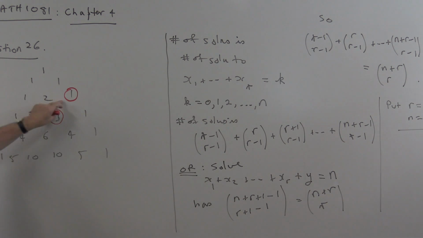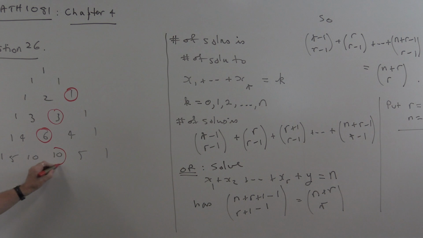So I go 0, 1, 2, 0, 1, 2, 0, 1, 2, and I may as well stop at that point. And now it says that's the same as if I go to the 5th row, but go across one. So 0, 1, 2, 0, 1, 2, 3. And you can see that that works.